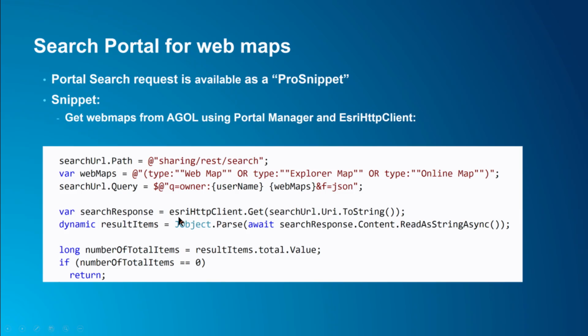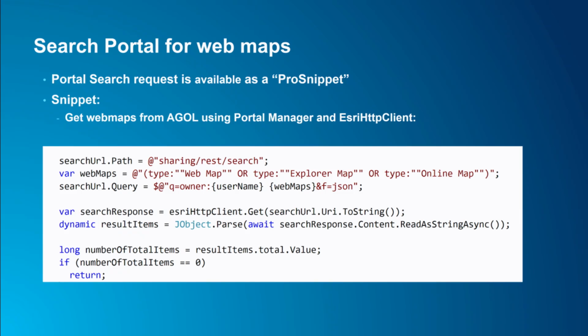Then again, I perform the EsriHttpClient get method that returns my response. I await the content of my response, which will be the JSON string. I parse it with JObjects. I use the dynamic class to give me access to the members.